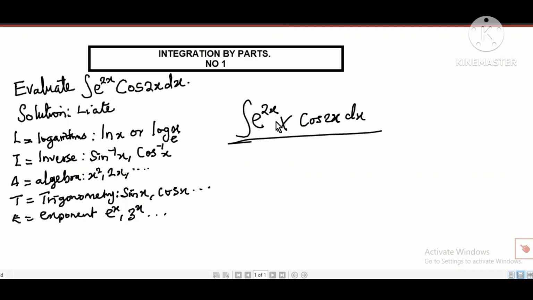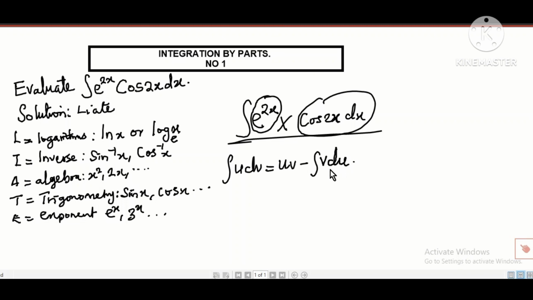Whenever you have two functions multiplying each other, we have what is called integration by parts in order to be able to solve them, right? And this integration by parts usually has this formula. Let me say integral of u dv is equal to uv minus the integral of v du, okay? So this is the formula of the integration.